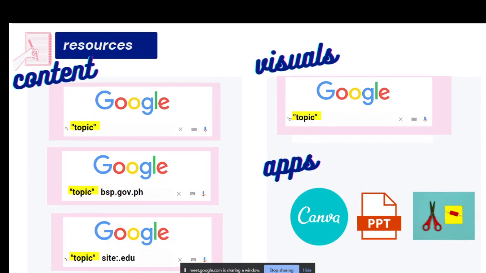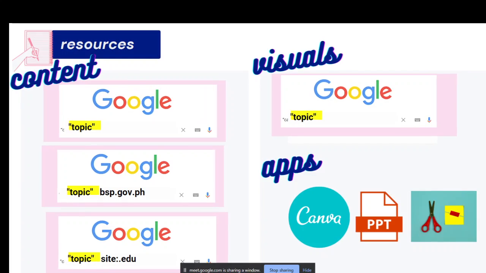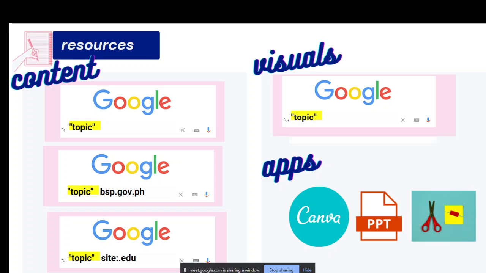For example, with regards to the resources, kapag maghanap kayo ng content, just use Google. So type in the topic, evolution of money, and search. Pero if you want to have credible and legitimate resources, you could do this.